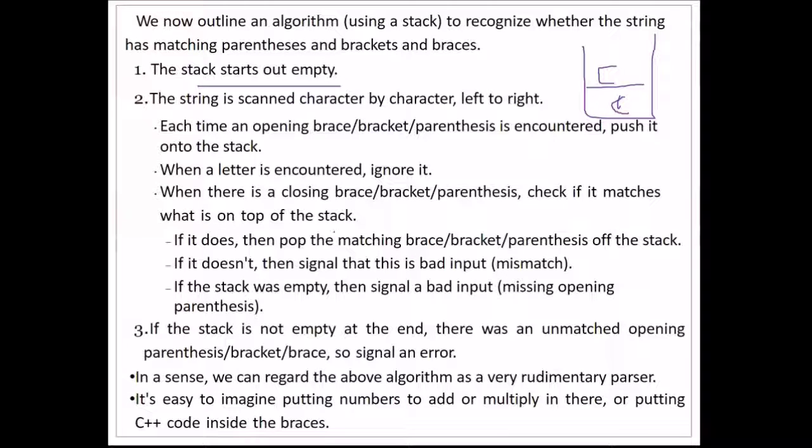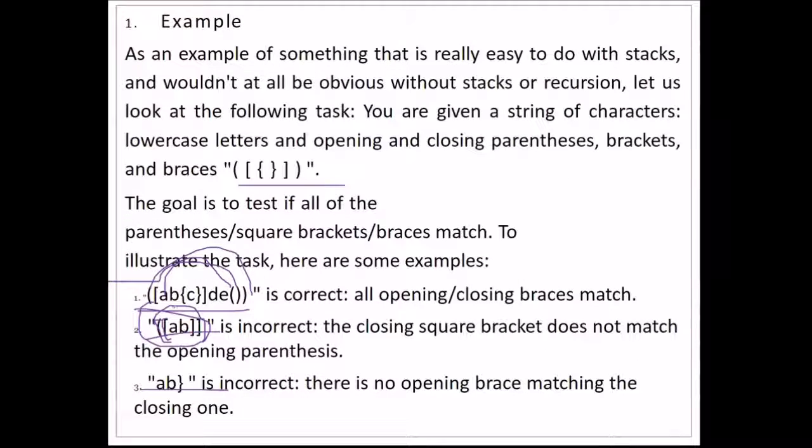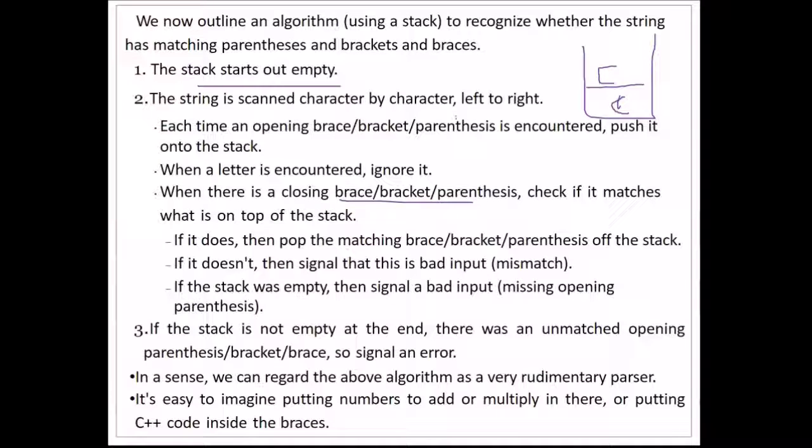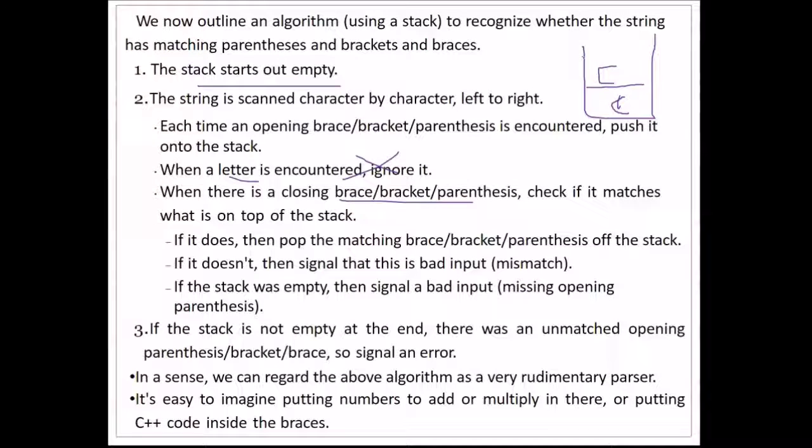Now we encounter A and B, which are letters, so we ignore them, and then we try to find the next one, which is this square bracket. We always match the coming token with the previous one.